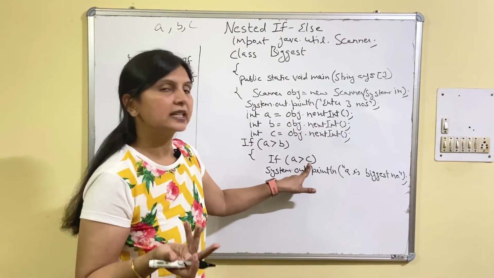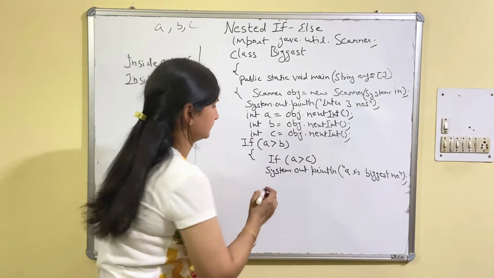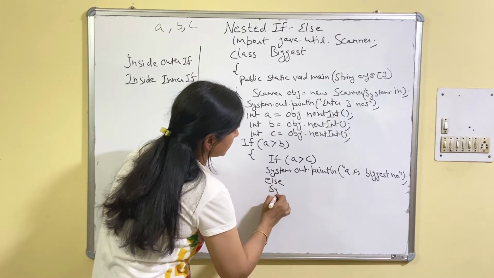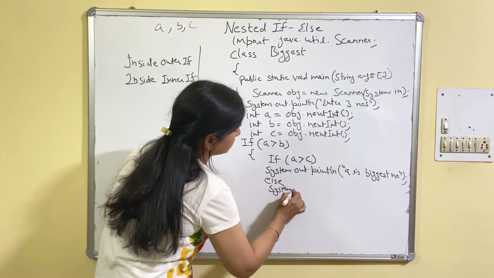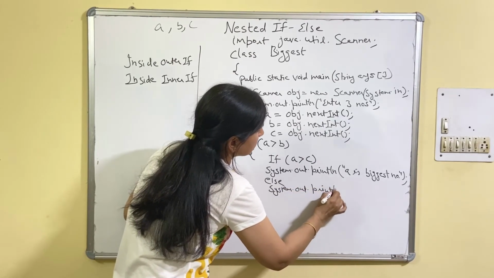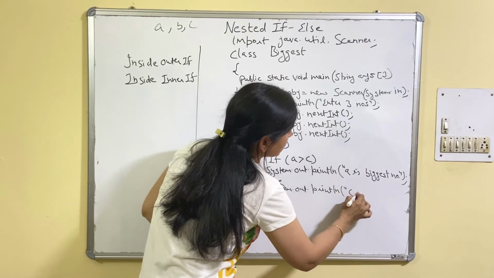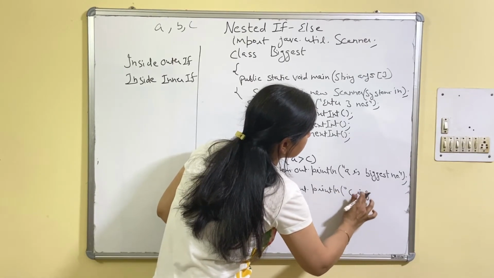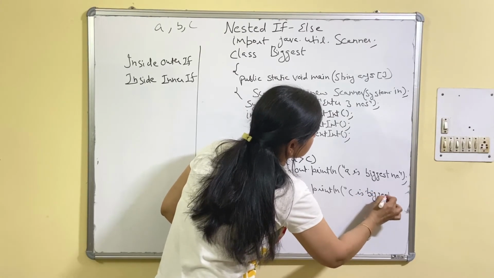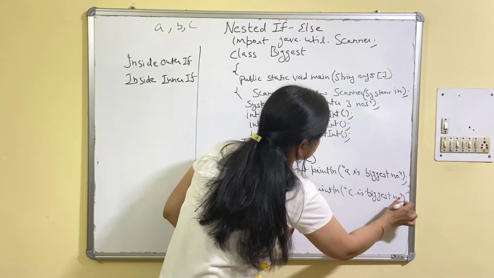In that case c is greatest. Else System.out.println c is biggest. Fine.